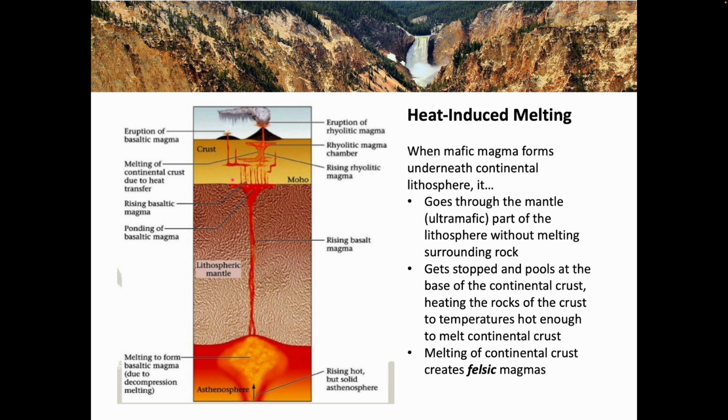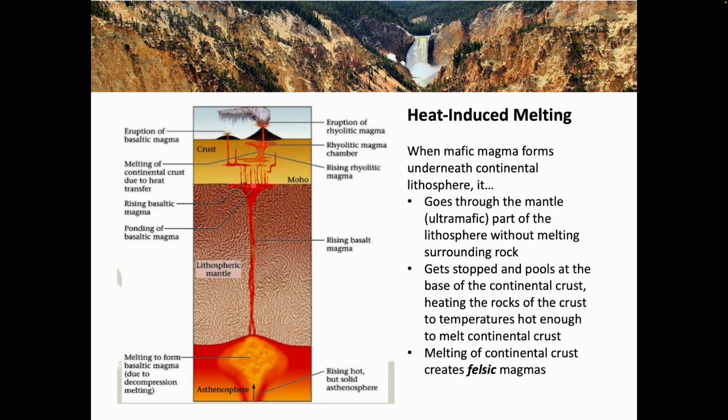Your felsic rocks that compose the crust melt, remember, at lower temperatures than your mafic rocks do. So your hot mafic melt is pooled at the base of the crust, and it causes melting in the lower crust. And this melting creates felsic magmas, which rise up through the crust and feed different kinds of volcanic systems.